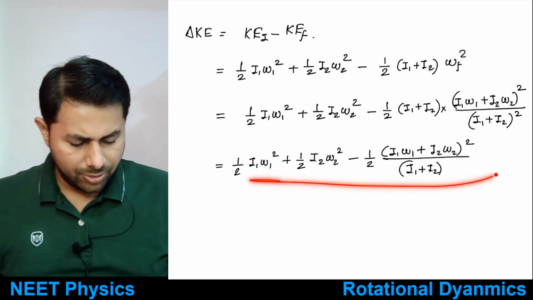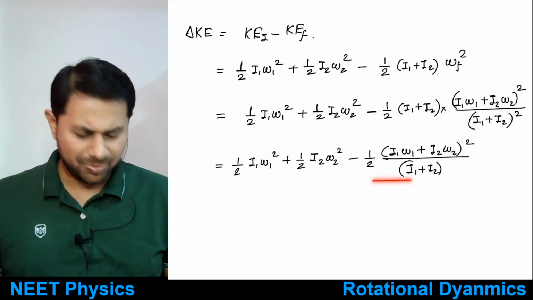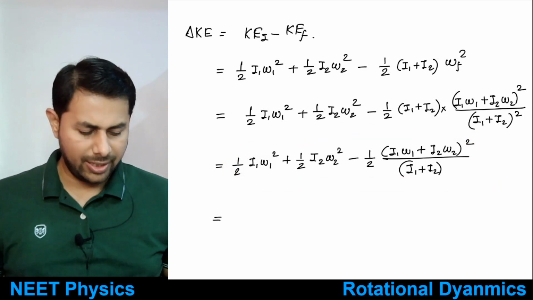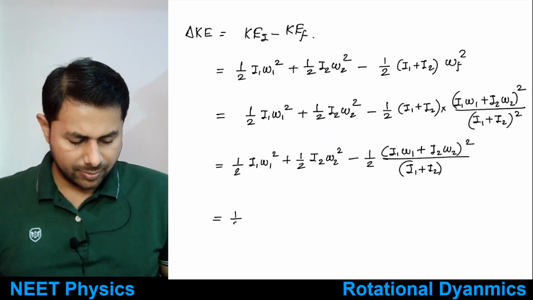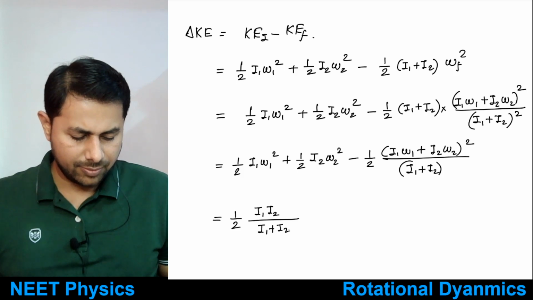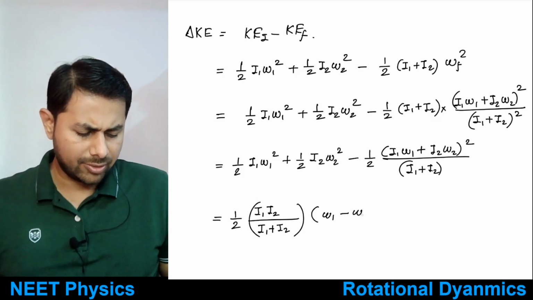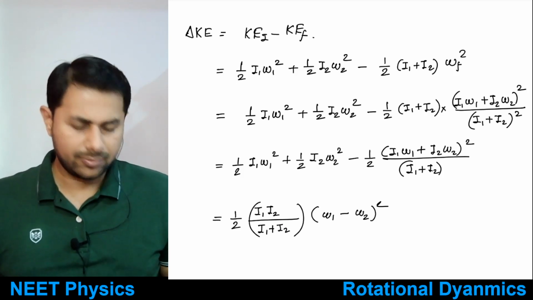Now if you simplify all of this, at the end you will get half of I1 I2 divided by I1 plus I2 multiplied by omega 1 minus omega 2 whole square.